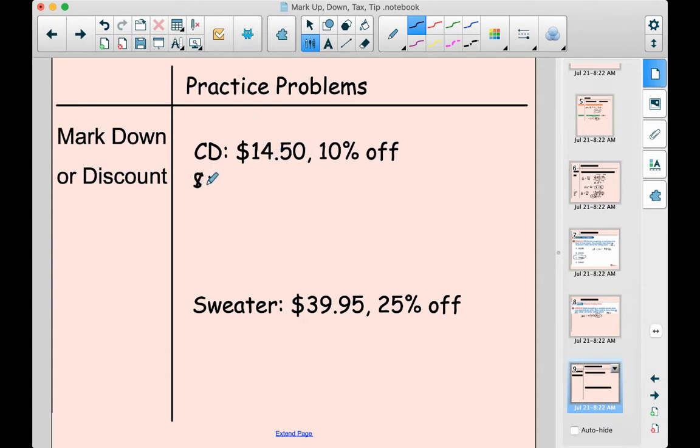So if I take $14.50, multiply it by 10%, which is 0.1, that'll give me $1.45. So 10% of this is $1.45. If it's 10% off, I can just take the $14.50 and subtract that $1.45, and I get $13.05.